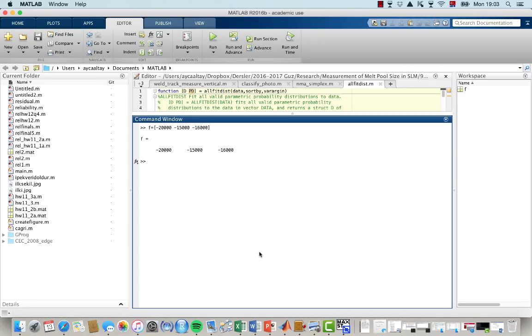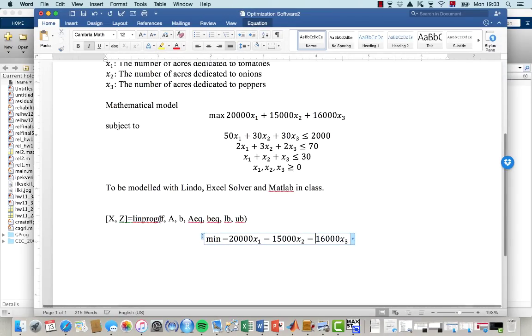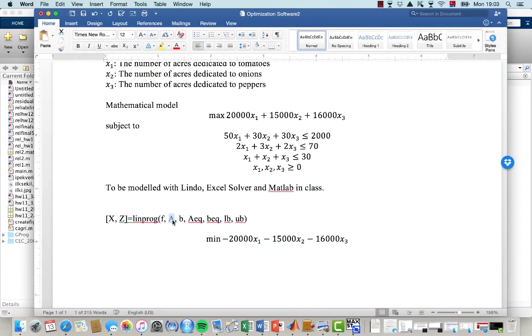And the next thing is A here. A is the constraint coefficients of less than or equal to constraints. We have 3 less than or equal to constraints, and our A will be a matrix of 3 variables and 3 constraints. Each row will have the constraint coefficients for one constraint.